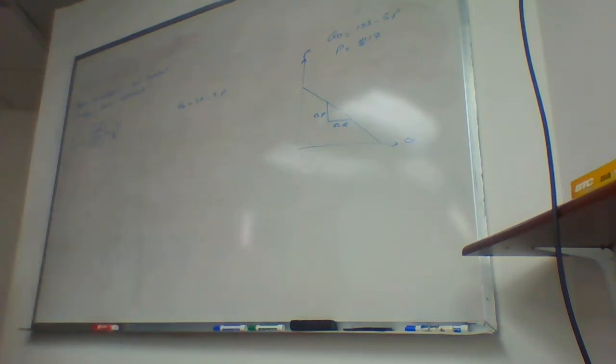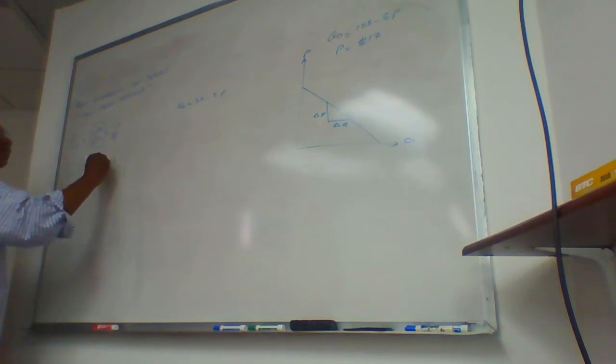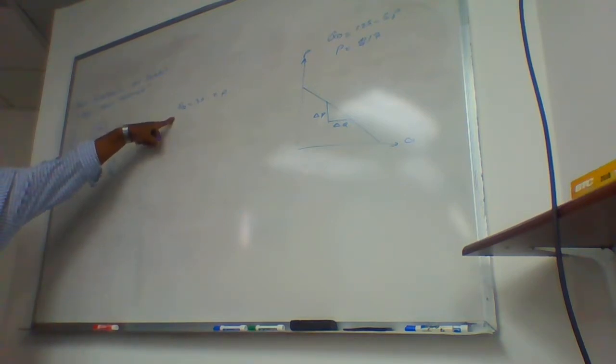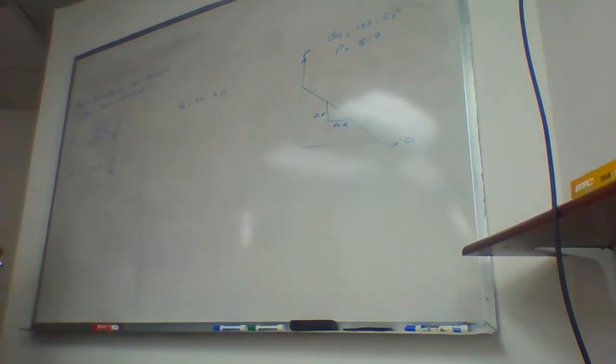Again, plug and chug. This whole thing is the slope, and P they gave us as 17. Now we need to figure out what Q is. To find Q, why don't we take our P and stick it in our demand equation? Wouldn't that do it for us?